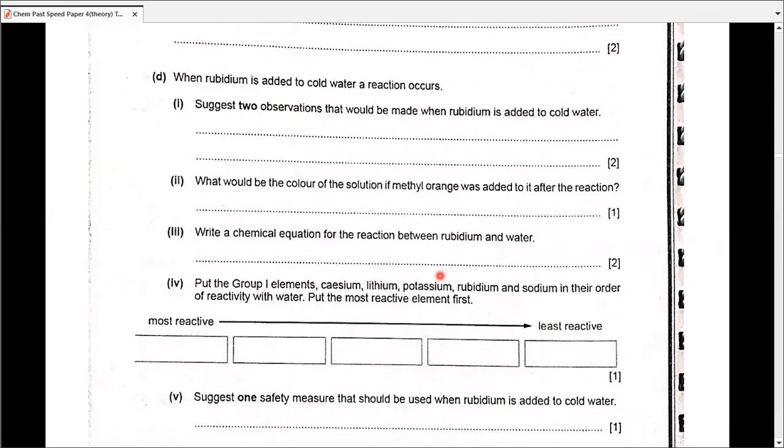Do part D, part one. अब मैंने आपको एक अच्छी वीडियो दिखाई हुई है, जबरदस्त म्यूजिक वाली जिसमें हम उठा उठा के अल्कली मेटल्स को पानी में फेंकते थे. And we saw what happened to those. So if we're gonna throw rubidium in cold water, what two visual observations can you make in front of yourself?